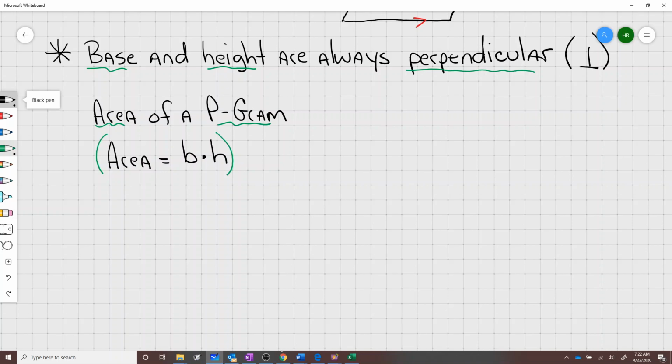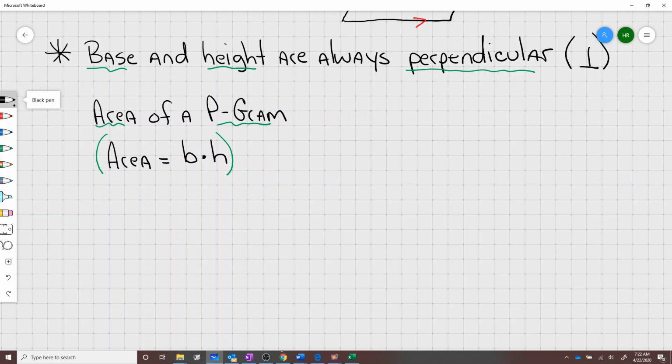So let's do a couple of practice problems. Or a better word to use for today is going to be example problems. They're asking us to find the perimeter and the area.